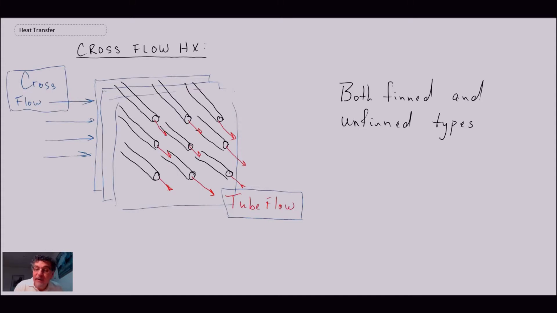So you can have mixed and unmixed, and you can have finned and unfinned, different types of configurations for cross flow heat exchangers. But typically, although not exclusively, quite often this would be gas to liquid for the heat exchange. And when I say liquid, it may not be a liquid, it could be a vapor going to a liquid, and that would be the case of condensation.